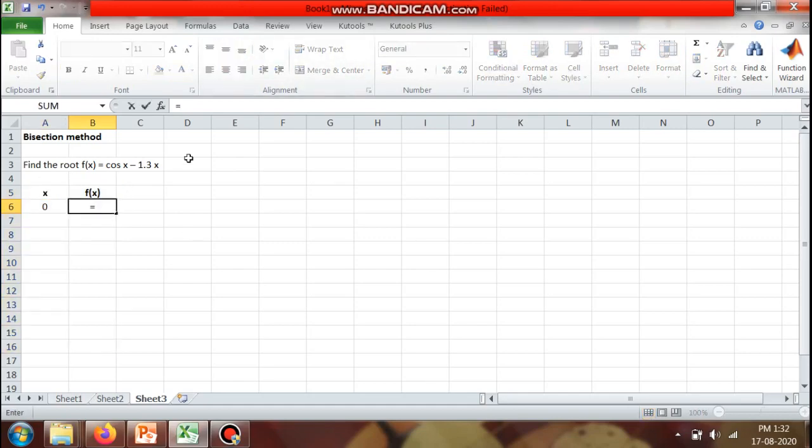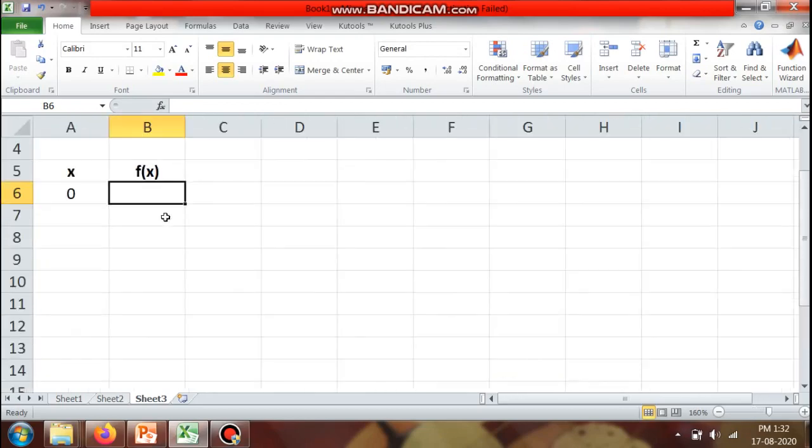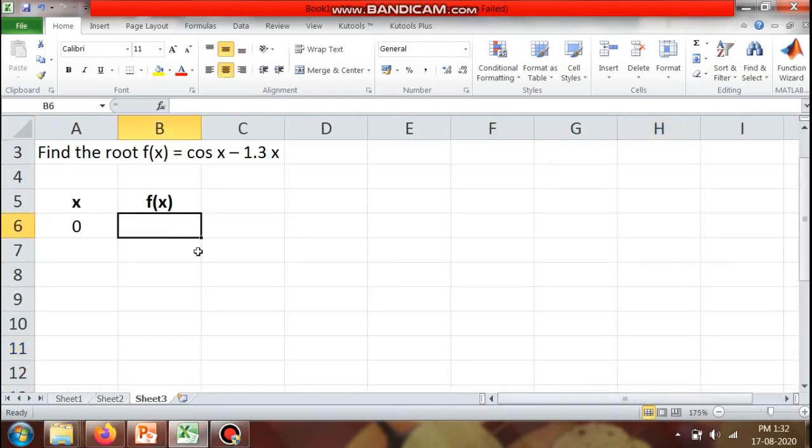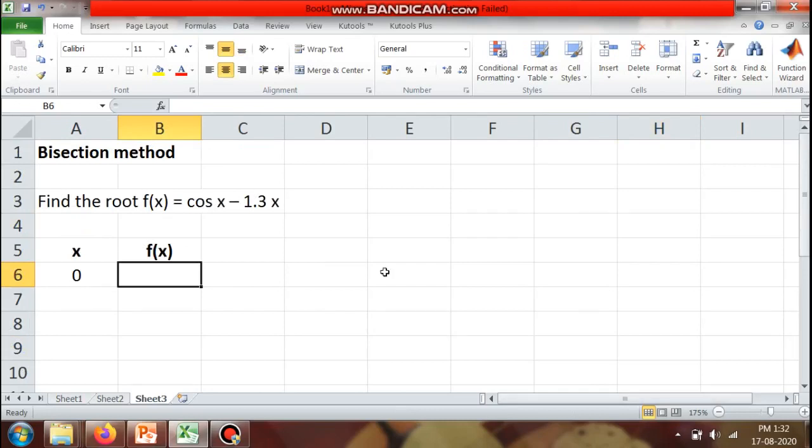To find f of x, you have to type the is equal to symbol, and then type cos. Let me zoom it. So is equal to cos bracket.